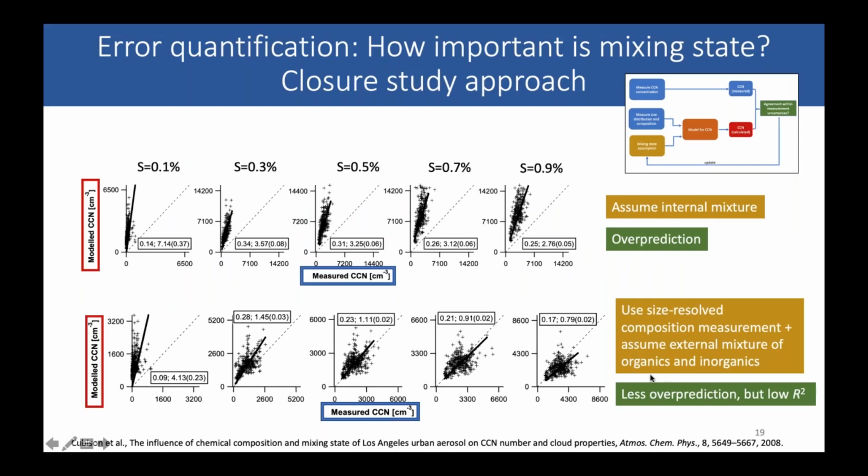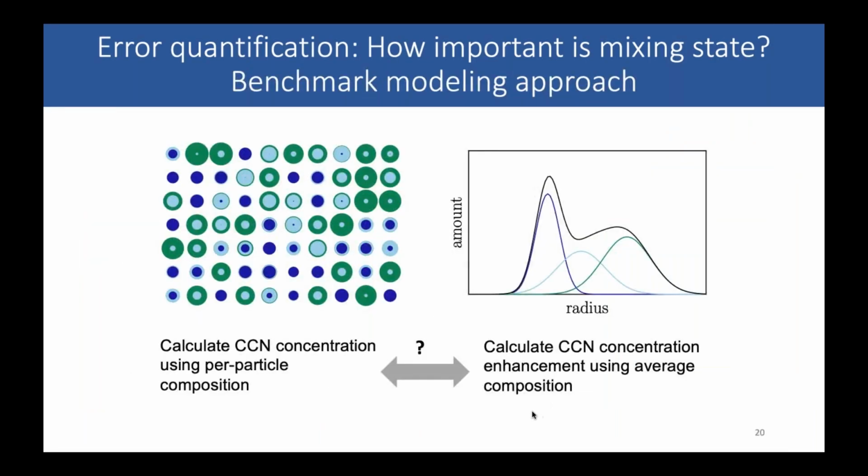When they used a more sophisticated mixing state assumption, they got a better agreement, but they got a lower R-square value for this comparison from measured to calculated CCN. So that's just showing that it's quite tricky to actually get this right.